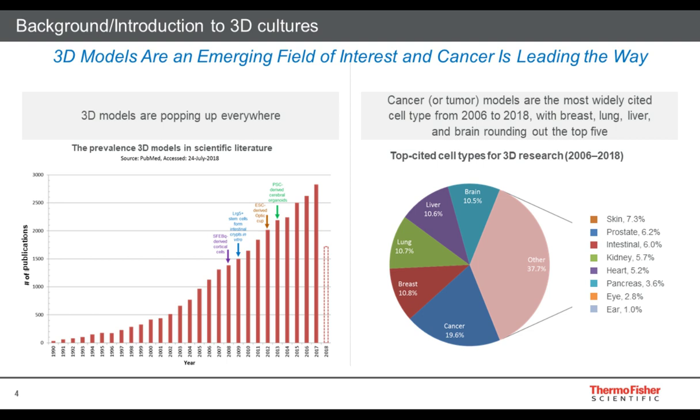Over the last decade or so now, many new methods have been published that detail ways of creating different types of 3D models, so things that are either 3D spheroids that may be just a single cell type that are cultured as a cluster that provides somewhat more in vivo-like cell interactions, to more complex models like organoid or stem cell derived models that are often co-culture models or models made up of different cell types and that are architecturally and functionally similar to an in vivo organ.